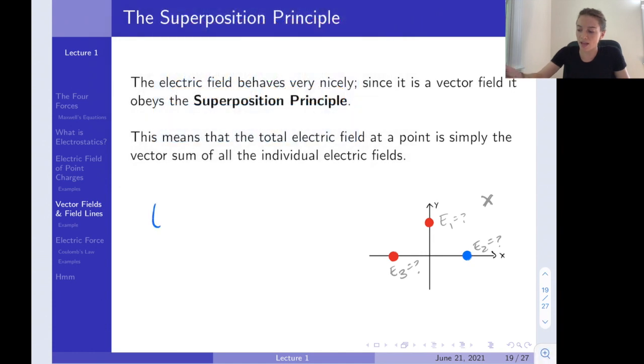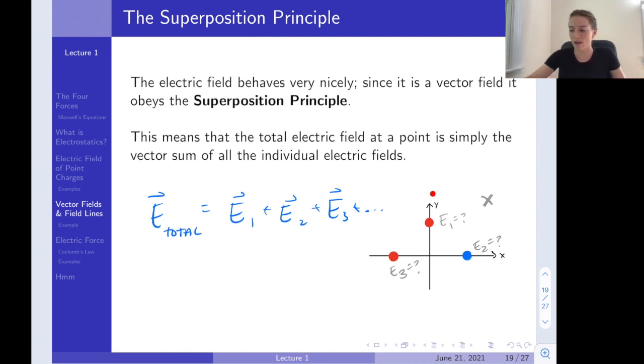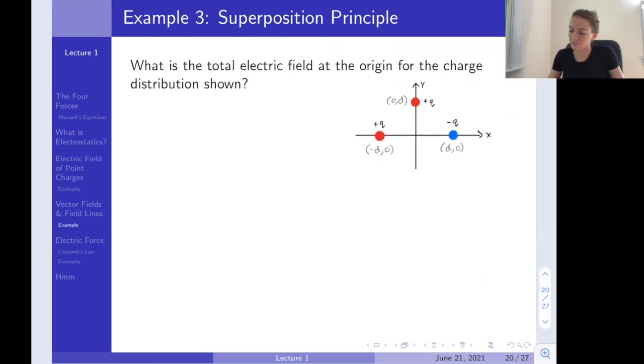And then just add them up to find the total electric field. So our electric field obeys the superposition principle, and this holds true no matter how many point charges you have. If we had 1,000 point charges here, you would just add up 1,000 individual electric fields at that point, and you would get your total electric field at that location.